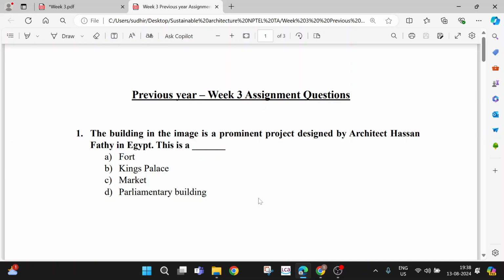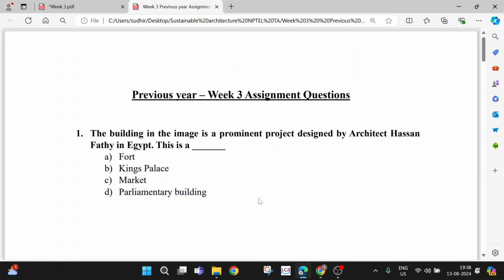All of you try to participate and give correct answers to these last 10 questions. Then we will close today's session.